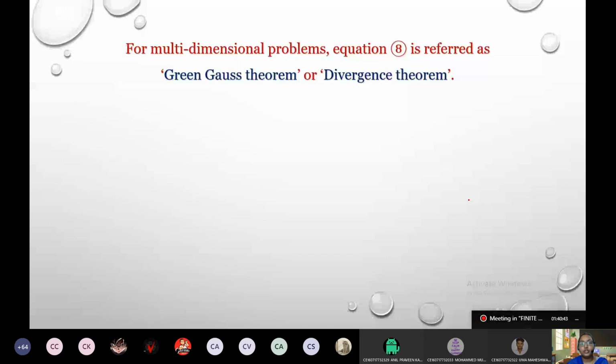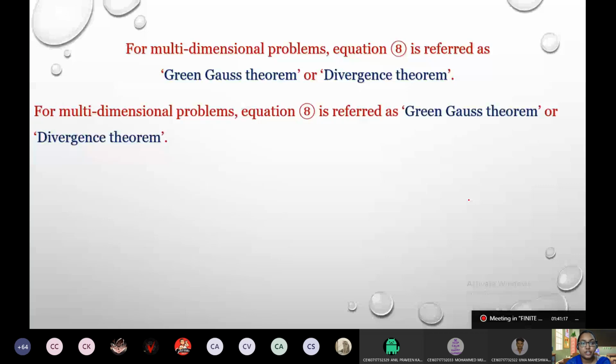So for the formation of the integral form in the Galerkin method for elastic problems, elastic problems indicates here it will be multidimensional. You can take it as a 2D problem, 3D problem, anything. We are taking this equation, which they call the Green-Gauss theorem or divergence theorem, into account and then solve it, because we are going to have many unknowns here, right?